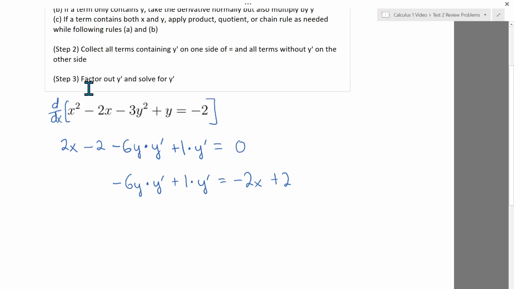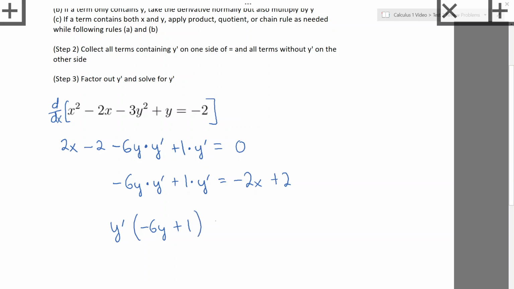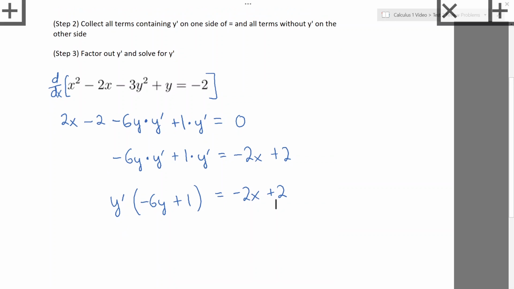And then finally step 3, we factor out y prime, right? So this has a y prime, this has a y prime, so we can factor it out. And so once we factor out what's left over, so minus 6y from the first term, and then plus 1 from the second term. And then the right side of the equation we leave alone for now. And then finally we can solve for y prime.